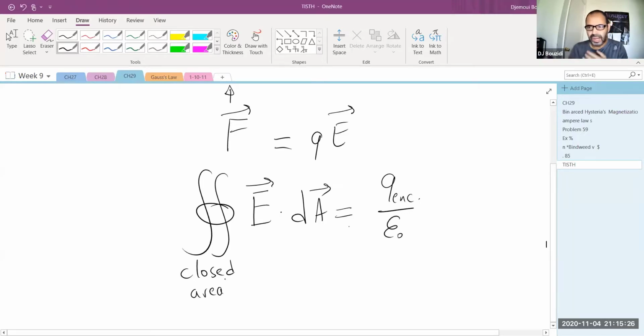So if somehow I can find the charge enclosed and argue the symmetry, I can find the electric field, which brings me back to the first point, and now I'm in business back to physics 4A.